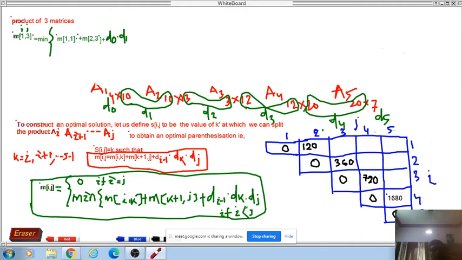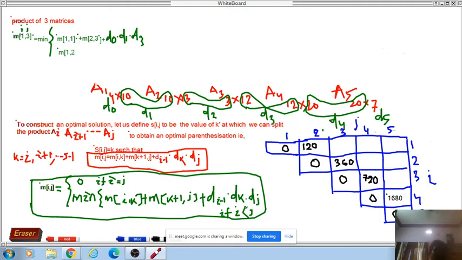Next will be into d3. So the second case will be, because my k will proceed to j minus 1, since it is 1 to 1 to 3, then there will be one more. The second value will be M of 1, comma how much?